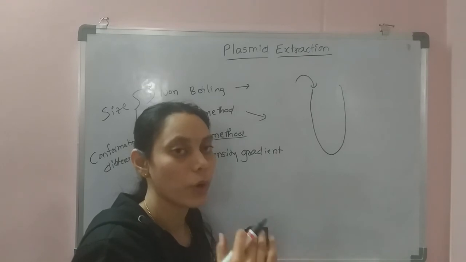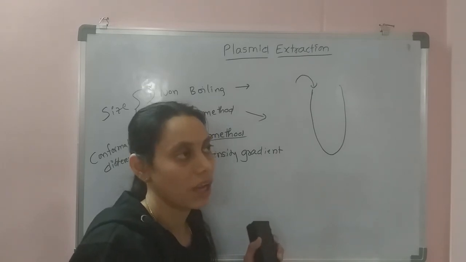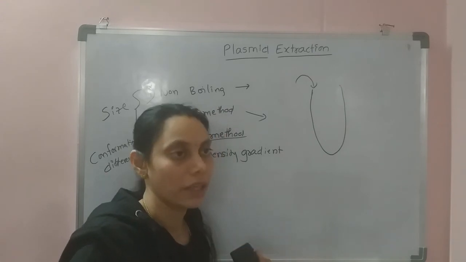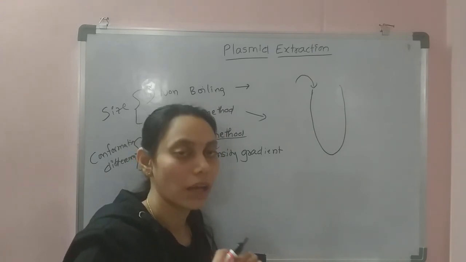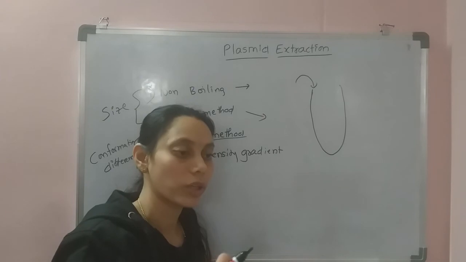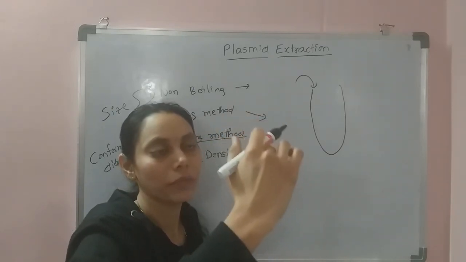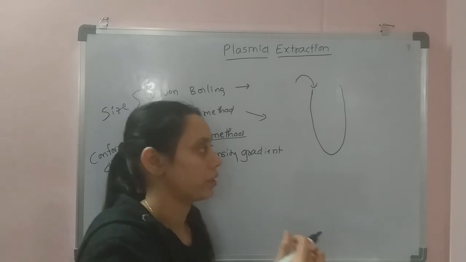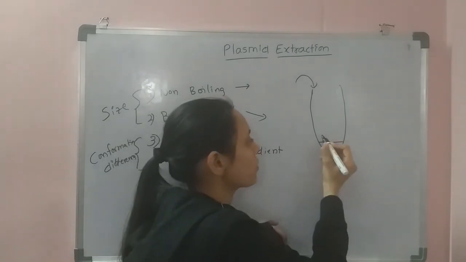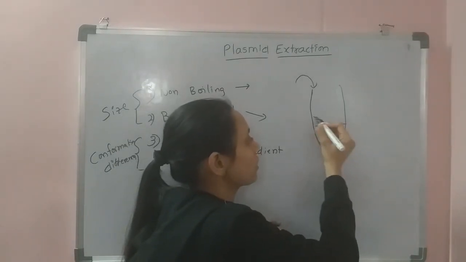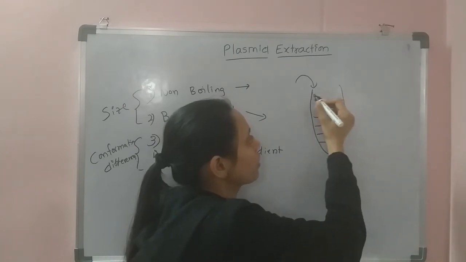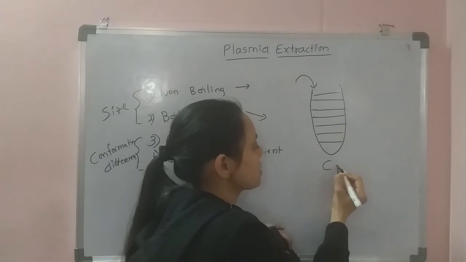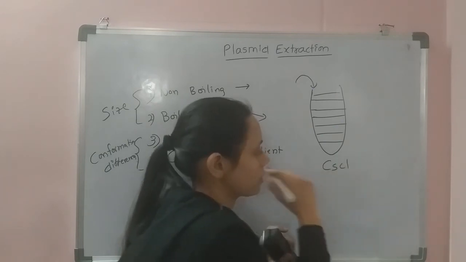Cesium chloride has the property of high density, and the high density cesium chloride will reach the bottom, and from bottom to top there will be a decrease in the density of the cesium chloride. So the lower parts will be higher in density, the upper layers will be lower in density. So this is the cesium chloride density gradient.